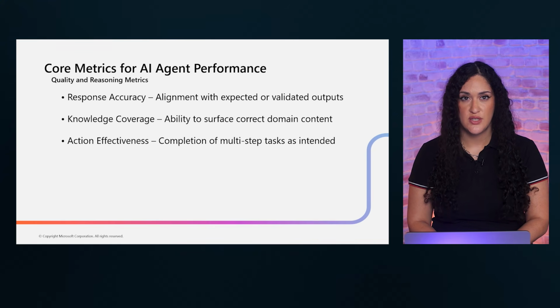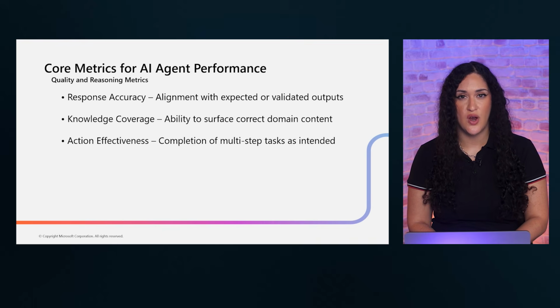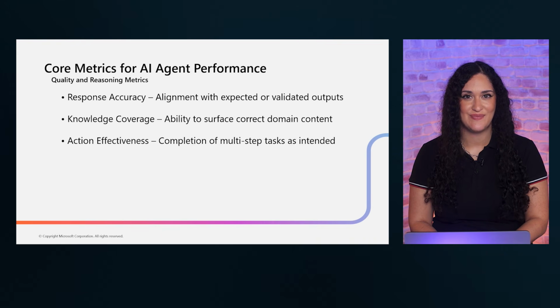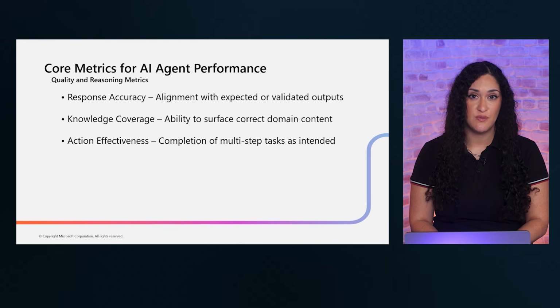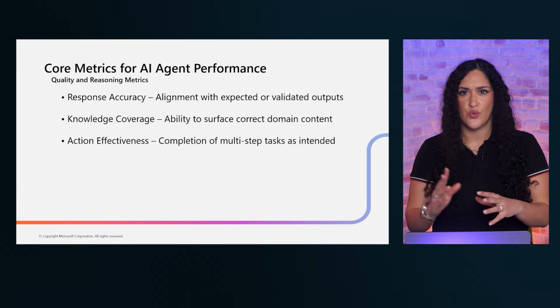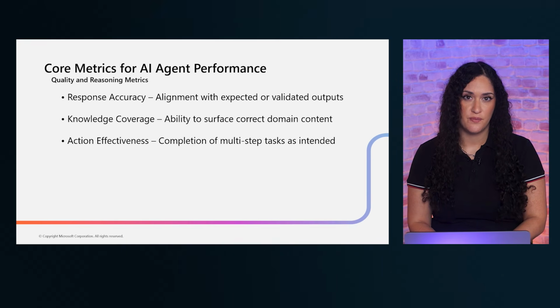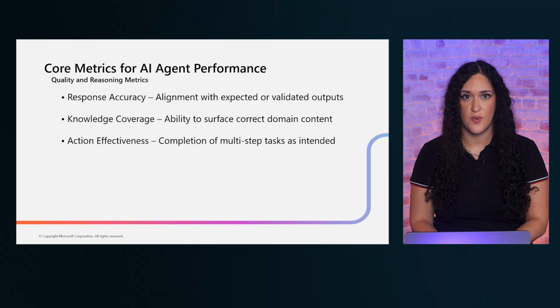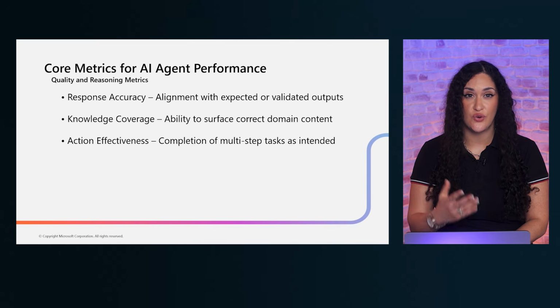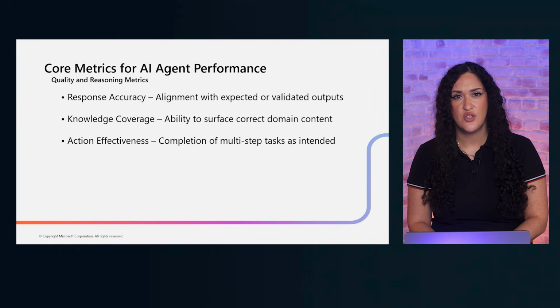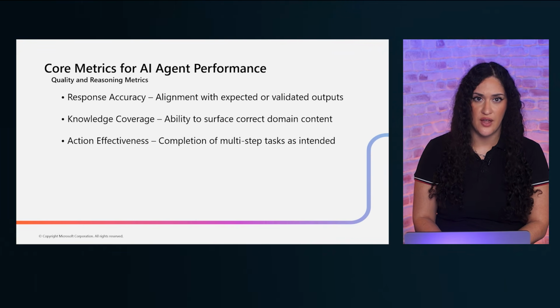Quality and reasoning metrics go beyond operational health to measure how well the agent actually thinks. Response accuracy checks alignment with expected or validated outputs. This is not just right or wrong, it is a spectrum of how helpful and precise the answers are. Knowledge coverage measures the agent's ability to surface correct domain content. If the agent does not know something, it should acknowledge the gap rather than fabricate an answer.